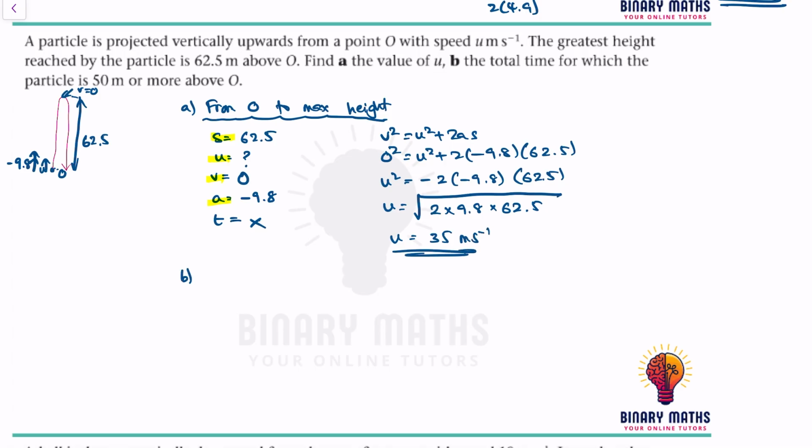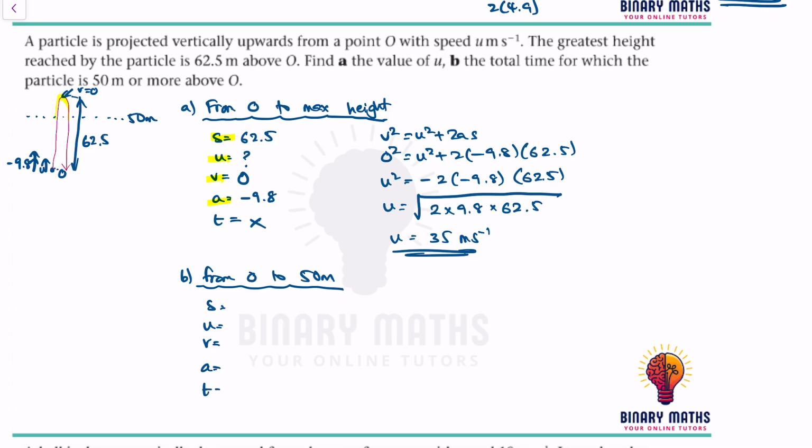Part B, the total time for which the particle is 50 meters above O. So 50 meters, imagine if 50 meters is somewhere here, it's going to be that part of the journey. So what I need to do is from O to 50 meters, I need to set up SUVAT for that.